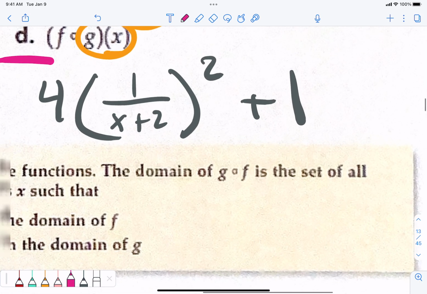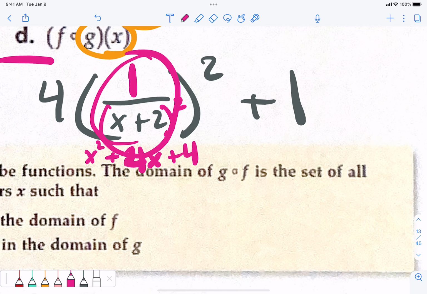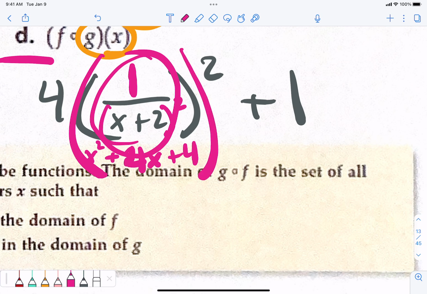Okay, if I square this or take it times itself, 1 squared is 1, right? X plus 2 squared becomes x squared plus 4x plus 4. That's what it would look like if I FOIL it, right? And now when I take him times 4, this is like 4 over 1.